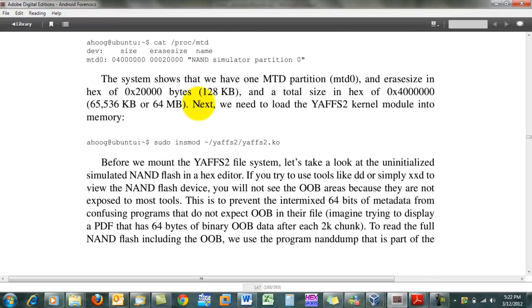With this in mind, you can insert or load your YAFFS2 kernel module so that you start reading the simulator partition.